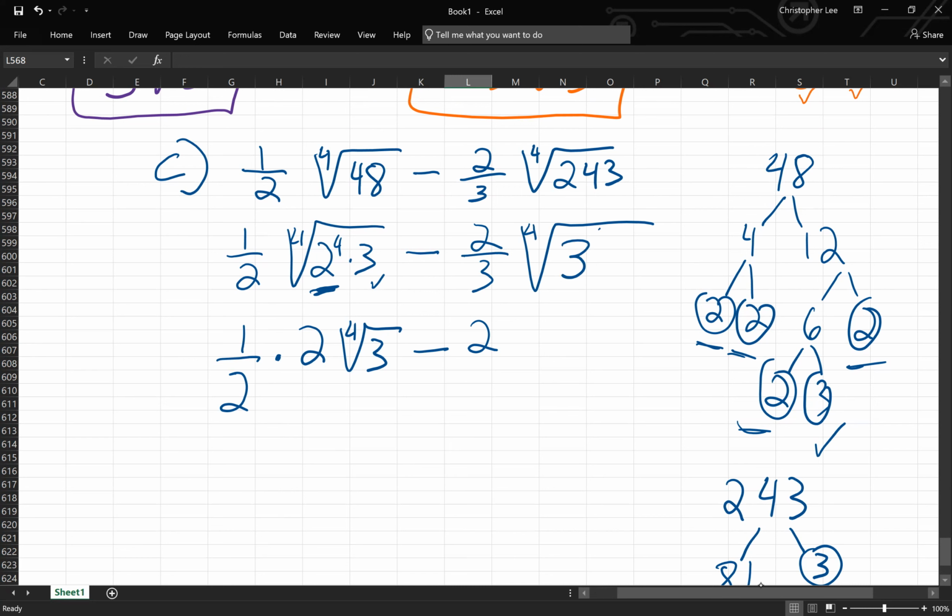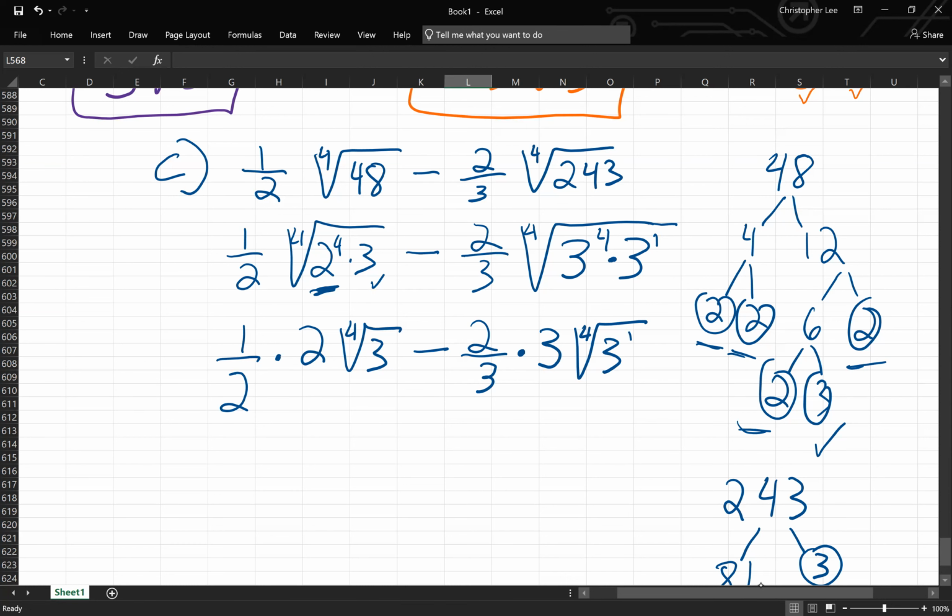So I'm gonna have 3 to the 4 times 3 to the 1. And then the 4th root and 3 to the 4th will cancel out, leaving back just 3 on the outside. And then I have 4th root of 3 to the 1, just like that.